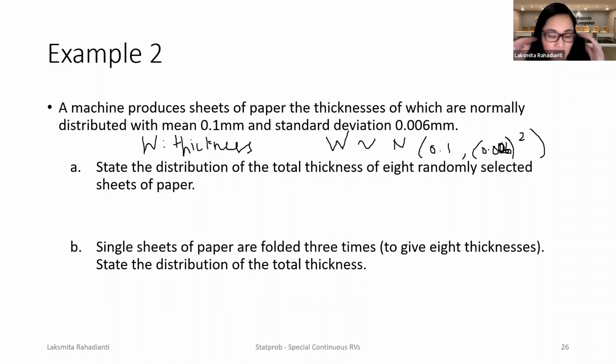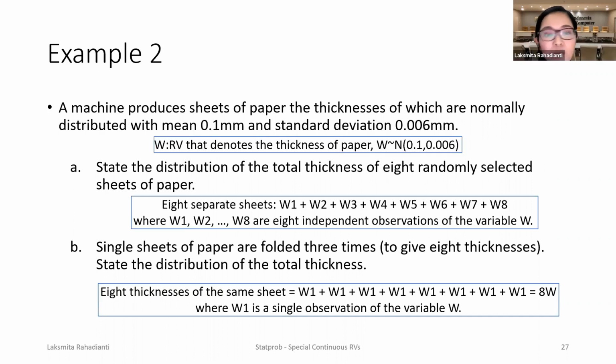So I believe this is a good illustration for us to understand which one is dependent and which one is independent, and when we can use a summation of multiple normal random variables, and when we can use the linear combination. So I could just do this as a linear combination, right? Which is aW plus b, where b is 0 and a is 8.